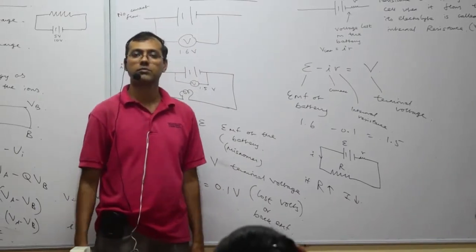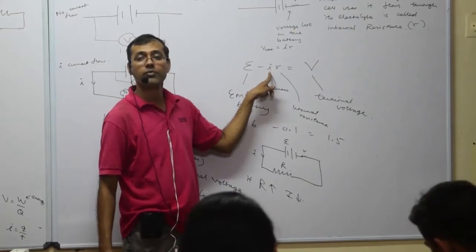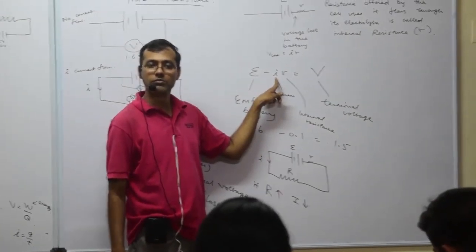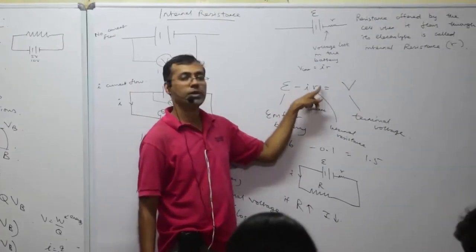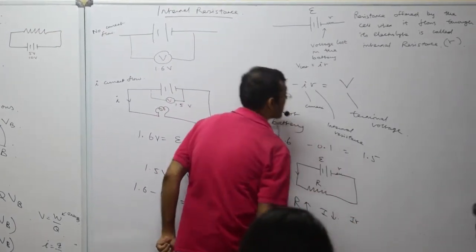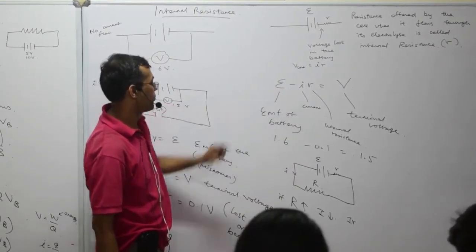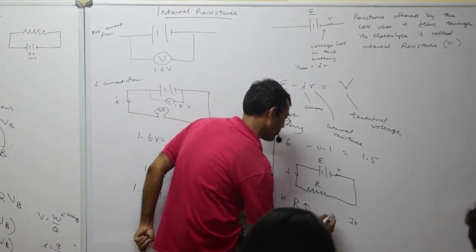Okay. If I is low, what happens to this one? This value is low. So this entire value will be low. So IR, okay. Sometimes I use capital I, sometimes I use small I, so it doesn't matter.